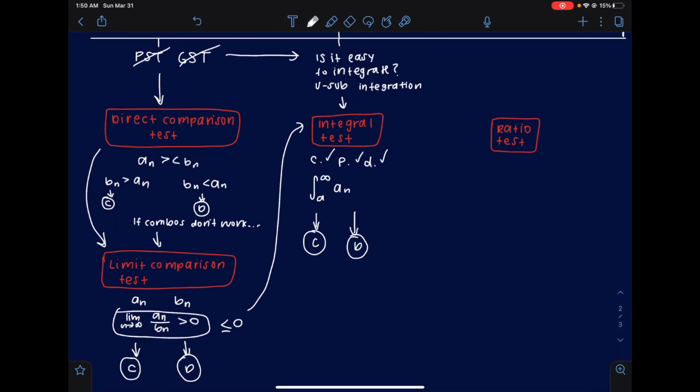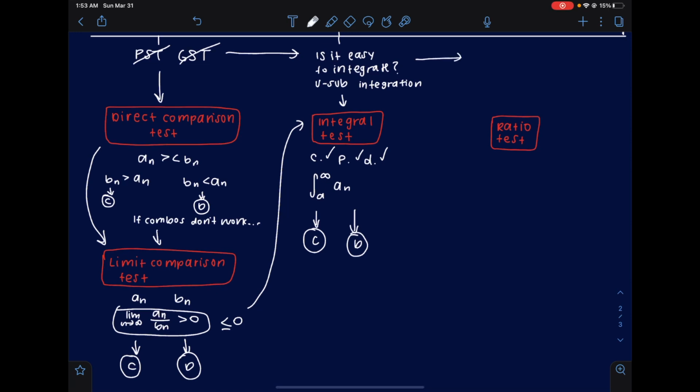Okay, so let's go back to the top. If it does not resemble a p-series or a geometric series, and it doesn't look easy to integrate, then there's another question that you can ask yourself. Is it a complicated ratio? So it's a ratio, but it has factorials or exponents. So like x to the power of n, a number to the power of n, 3 to the power of n, pi to the power of n, something like that.